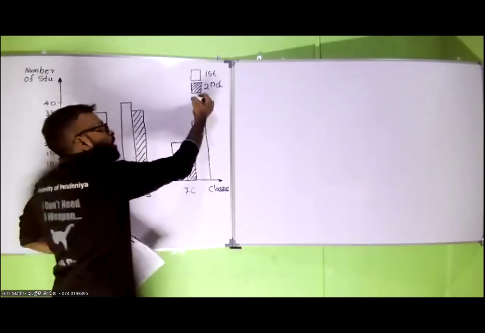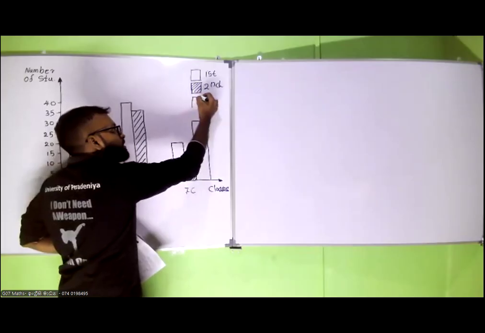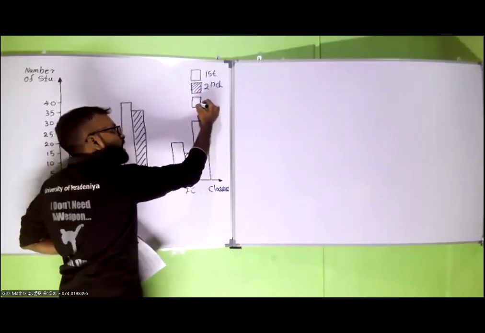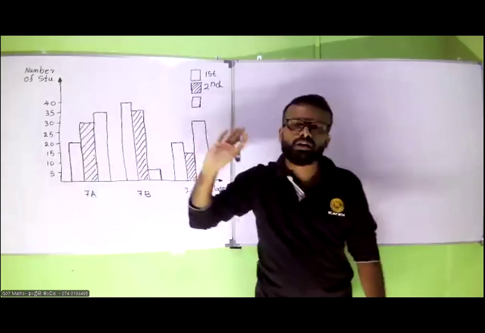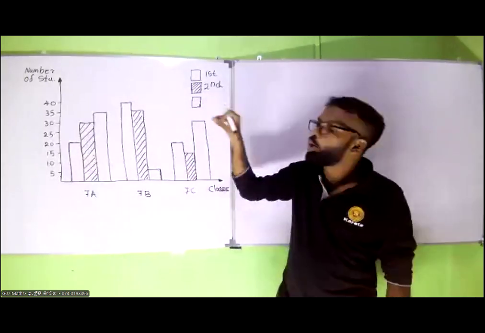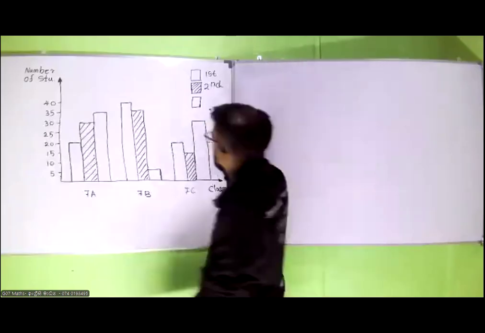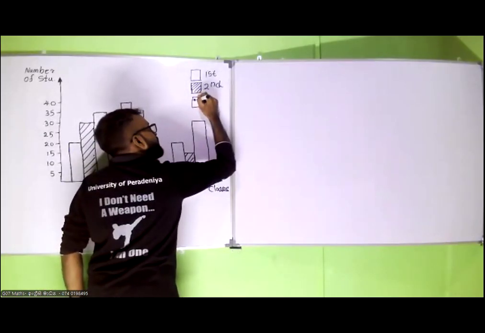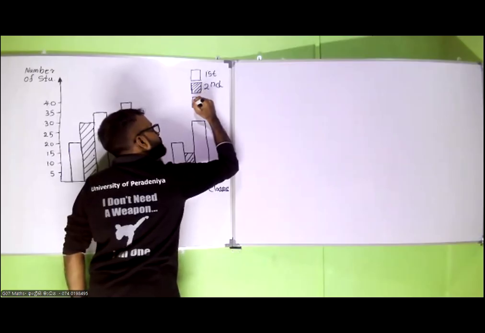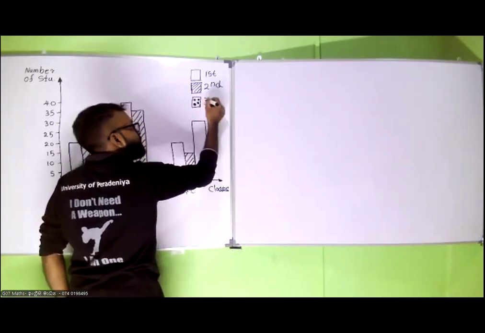Okay. So how are we going to represent the third week? You can use any picture, any symbol. You can put small dots. I will use this kind of small black dots. So that is my third week.